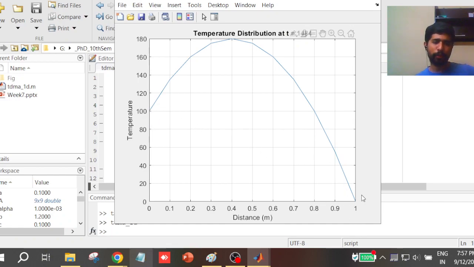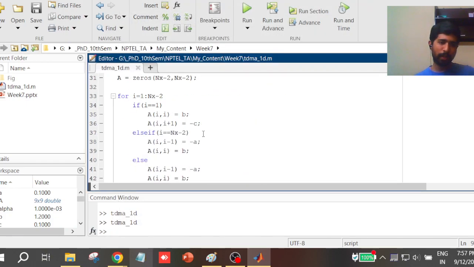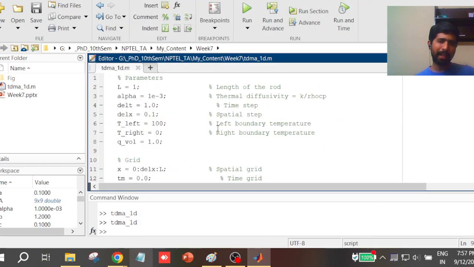Now, instead of the straight graph, at the center you get a higher temperature, which you have seen in the analytical solutions also, I think. So this is the way in which you write the code. Now you can take any time step. This is an unconditionally stable algorithm. That's the advantage. I am using implicit time stepping here.